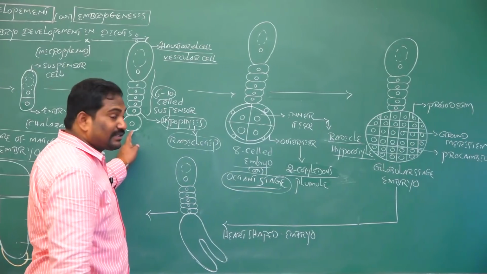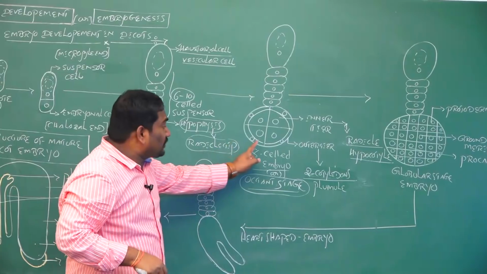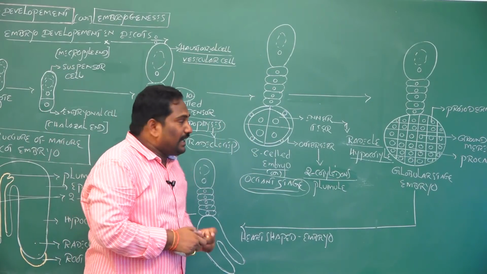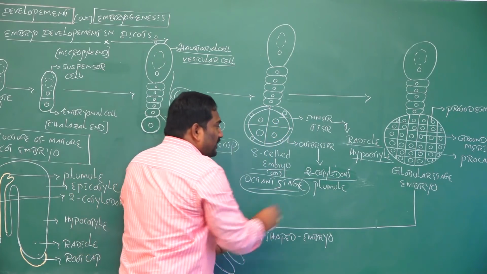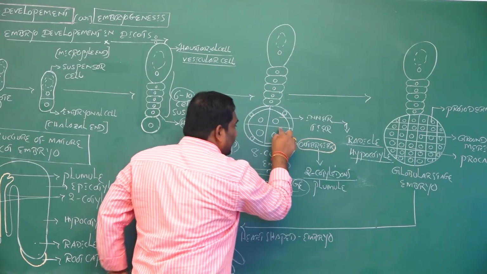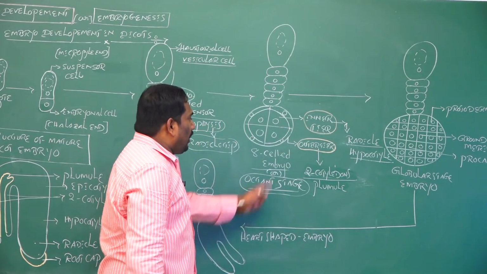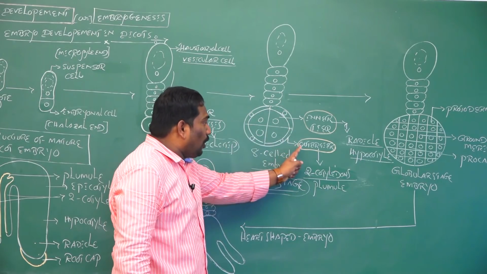In the 8-celled embryo, the outer 4 cells are called the outer tier, and the inner 4 cells are called the inner tier.